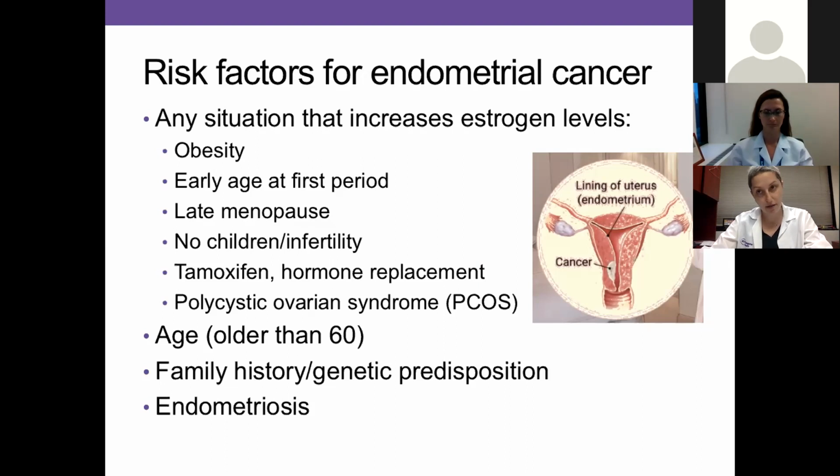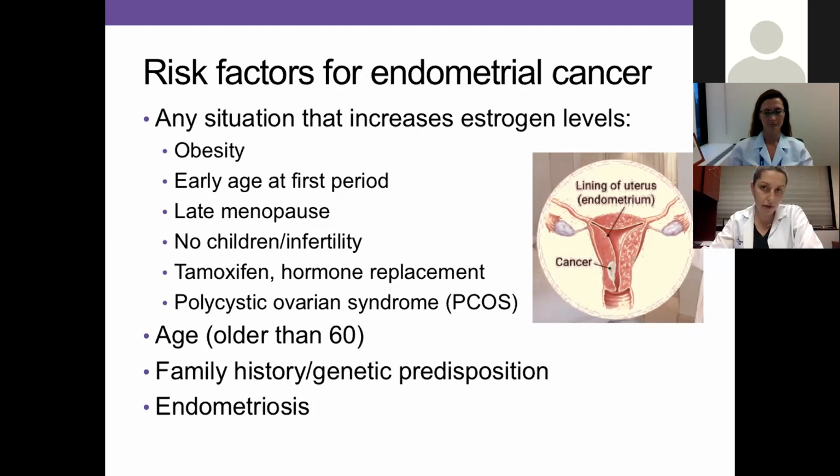And as the rates of obesity in our country continue to go up, we're going to continue to see increased endometrial cancer. So obesity causes an imbalance in the healthy hormone levels, an increase in estrogen compared to other hormone levels.